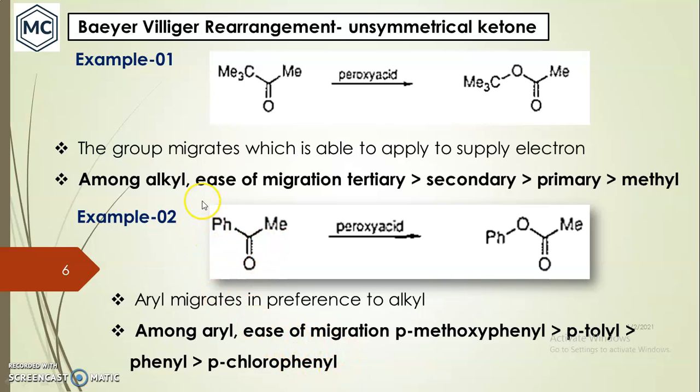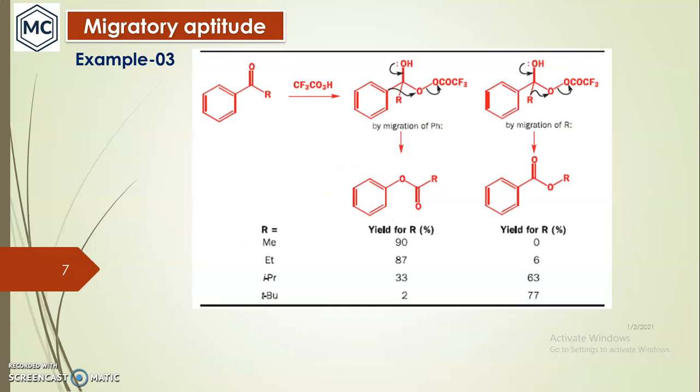That means the chlorine is electron withdrawing, and that is why it has less ability to donate electrons. And this reaction summarizes the migratory aptitude of alkyl and aryl.